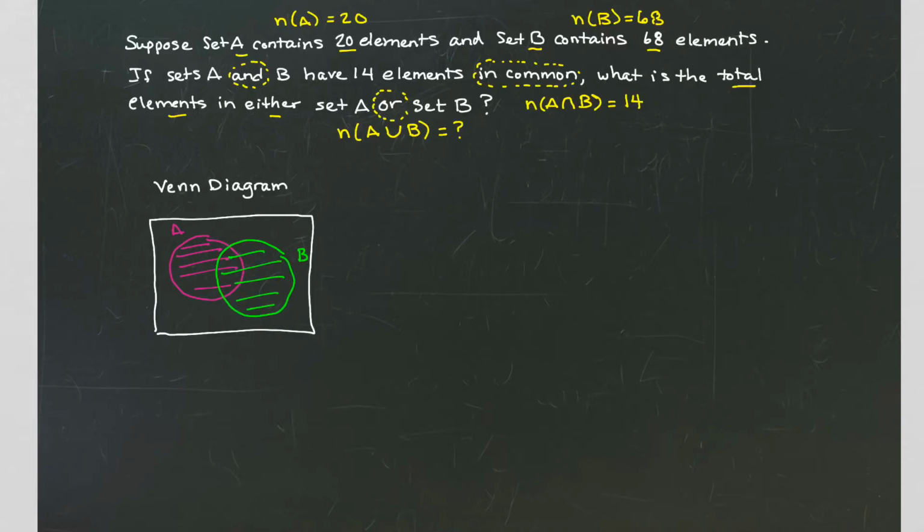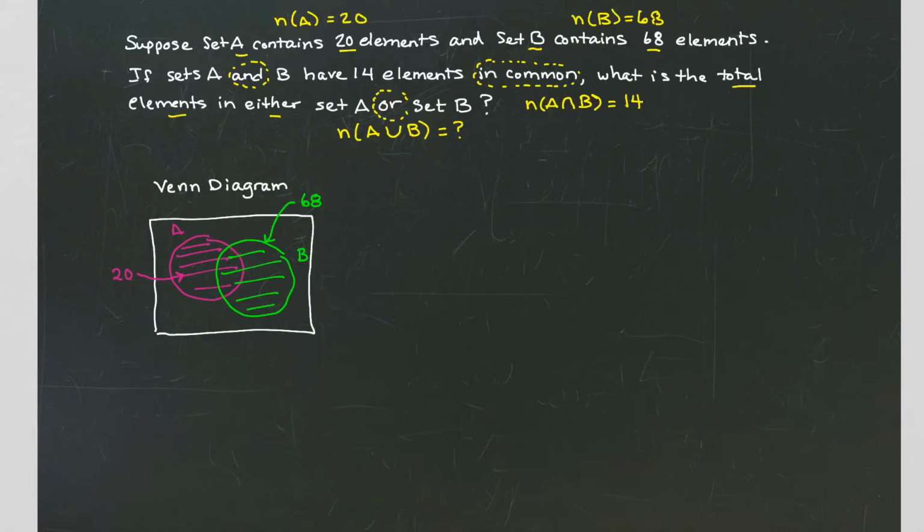Now what do I know? I know that the number of elements in the pink set is 20, so there's 20 things lying in my pink set. I also know that in set B, the green set, there's 68 elements, so there's 68 elements lying in that green circle.